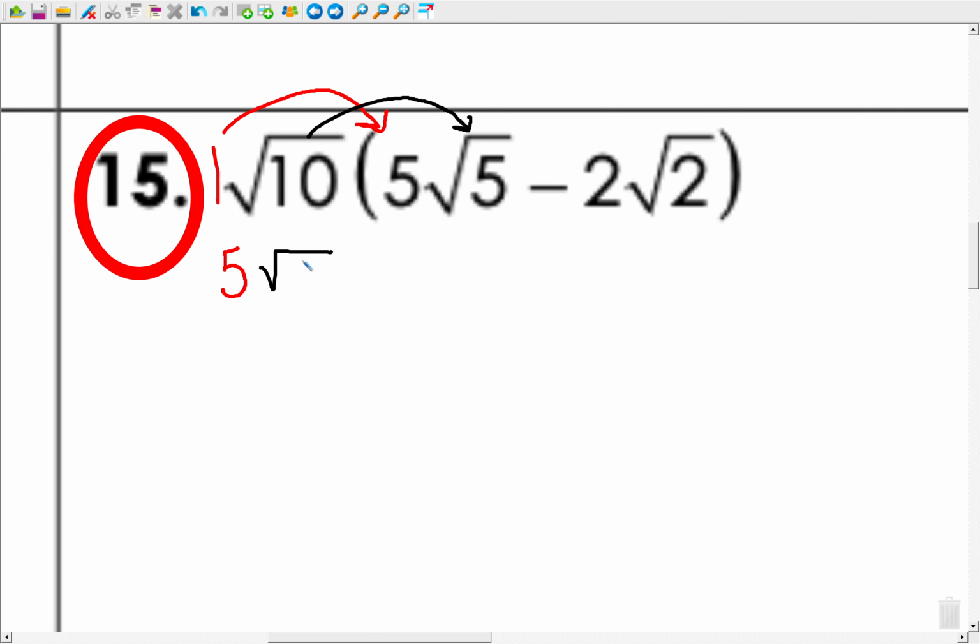And I get the square root of 50. Now I want to multiply this 1 times this negative 2. I get negative 2. And then I multiply the 10 times the radical 2. I get the square root of 20.